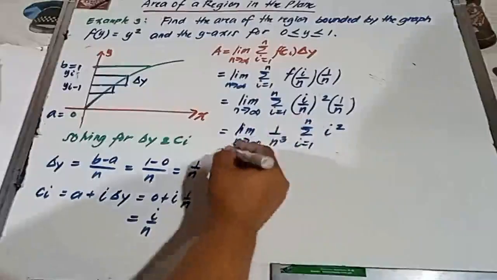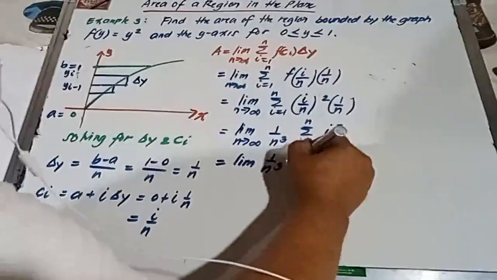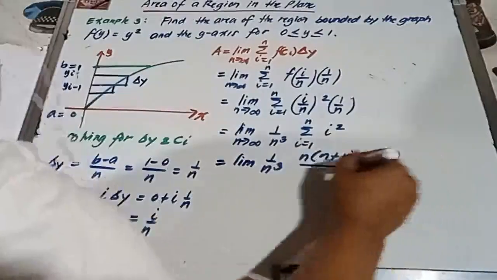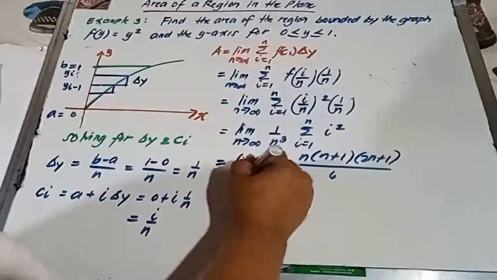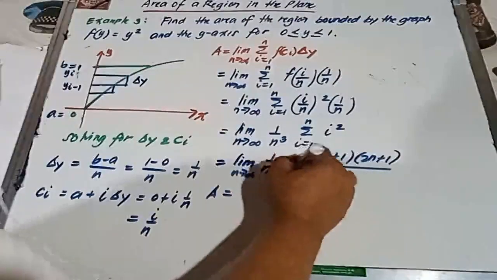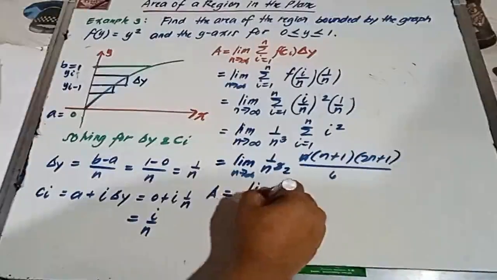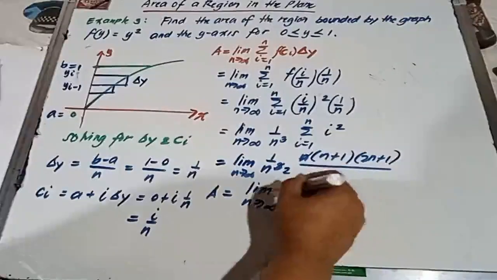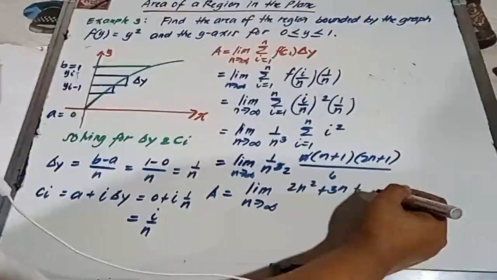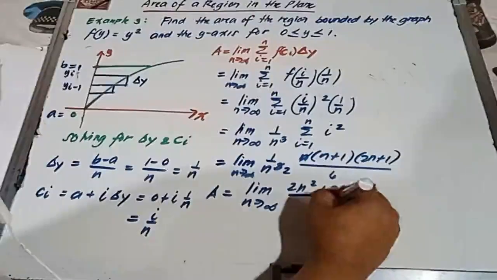So, ang formula nito is, we have limit 1 over n cubed, this is n times n plus 1 times 2n plus 1 over 6, n approaches infinity. So, this is our area. So we have limit n approaches infinity 2n squared plus 3n plus 1 over, sa ilalim n squared times 6, 6n squared.